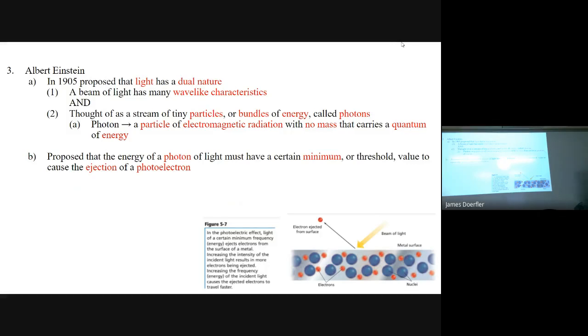He went on to propose that the energy of a photon of light must have a certain minimum or threshold value to cause the ejection of a photoelectron. These photons must possess a minimum amount of energy to free that electron from an atom of the metal.